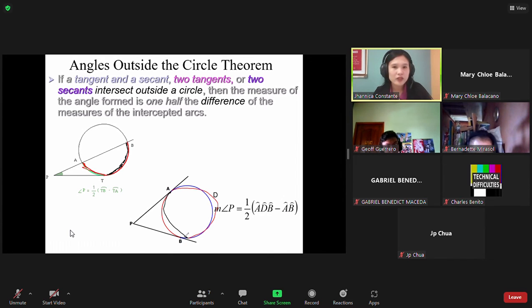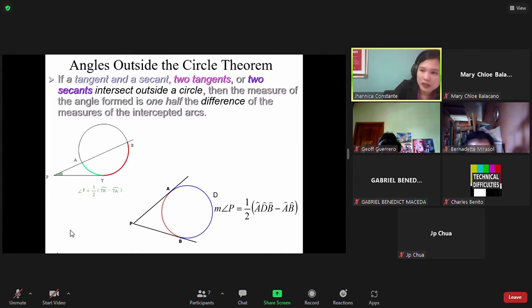So those are the arc. The arc that is being made by the angle. Yung arc nakasali sa angle. Okay? Those are the intercepted arc that you're going to use in finding the measurement of the angle outside of the circle.